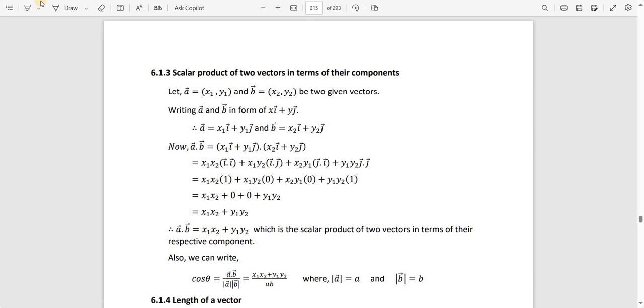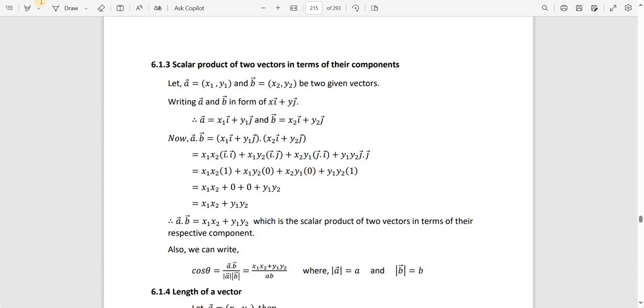So scalar product of two vectors in terms of their components. For example, let A be a vector of x1, y1, and B be the vector of this, and a vector in the form of this i and j. We can write this like this too. Okay, so got it. We multiply it, right?